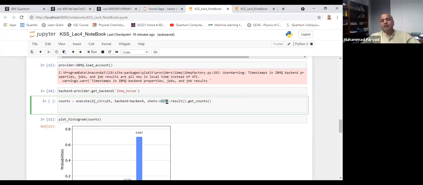For example, let's say you talk about a 10-bit input. When you have a 10-bit input, it means that your possible inputs are 2 power 10, that is, close to a billion. And if you use a classical computer, you need at least 500 million queries. But with a quantum computer, you need only one query, but you might need to run the circuit maybe, let's say, 1,000,000 times.